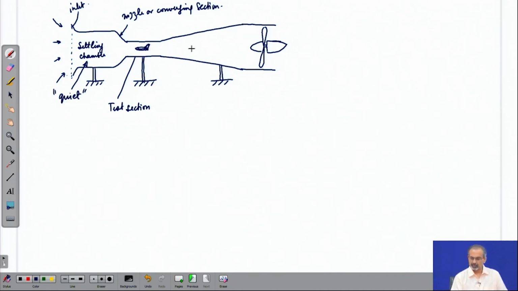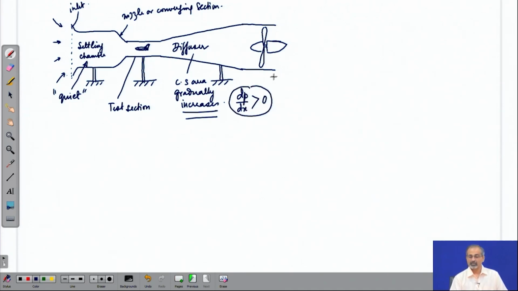And then further, as it moves down from the test section, it moves into the diffuser, where the cross sectional area again increases, but it increases gradually. That is to keep the adverse pressure gradient under control, so that the flow does not separate off. Remember that the wind tunnel is going to handle a real flow which has viscous stresses in it.